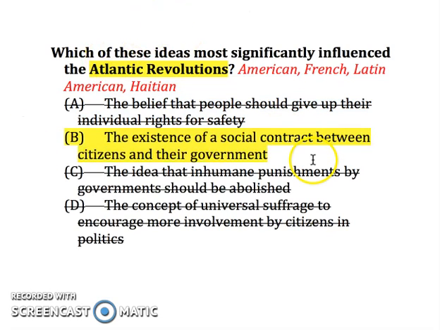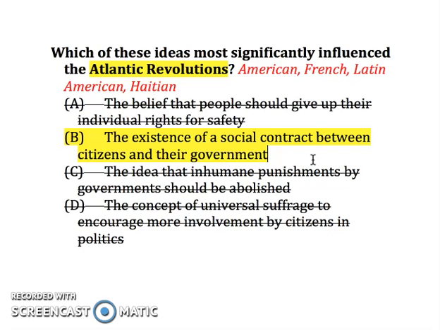When we talk about the concept of a social contract, this is the idea that people agree to give up some of their rights, some of the stuff that they want to do, because their government is going to protect them and provide some things for them. If we think about the social contract today, Americans say, okay, I'm going to agree that it's right for me to give up some of the things I want to do for the greater good.